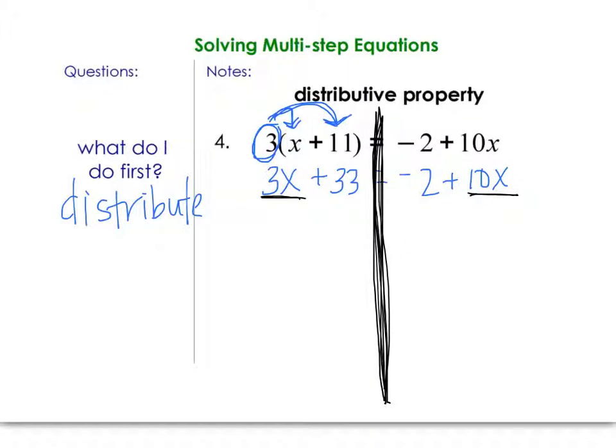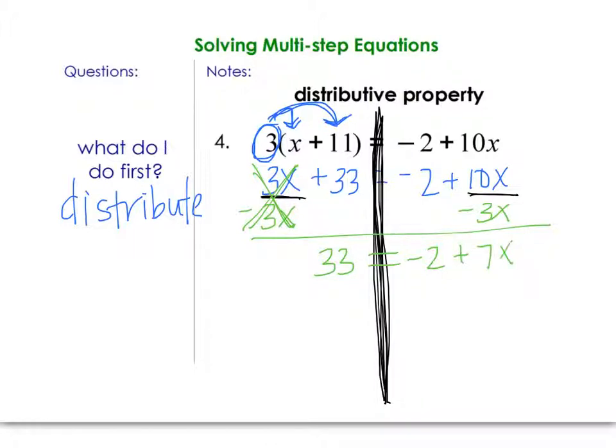The 3x is smaller, so I'm going to subtract 3x from both sides. Now look, your variable is going to end up on the opposite side, but that's okay. It's still going to be alone once we do a couple more steps.